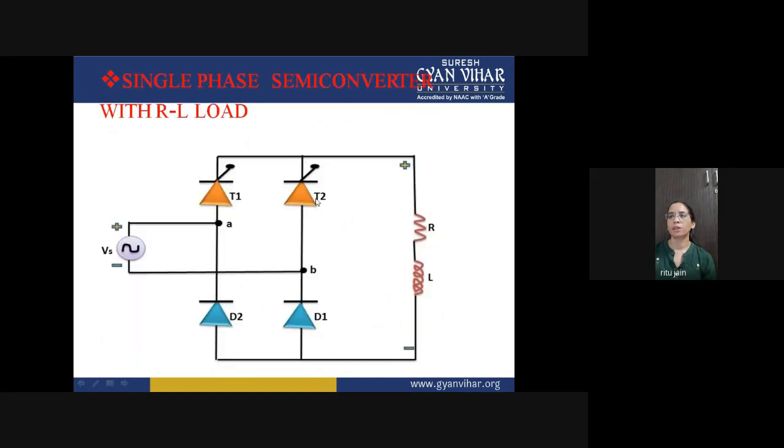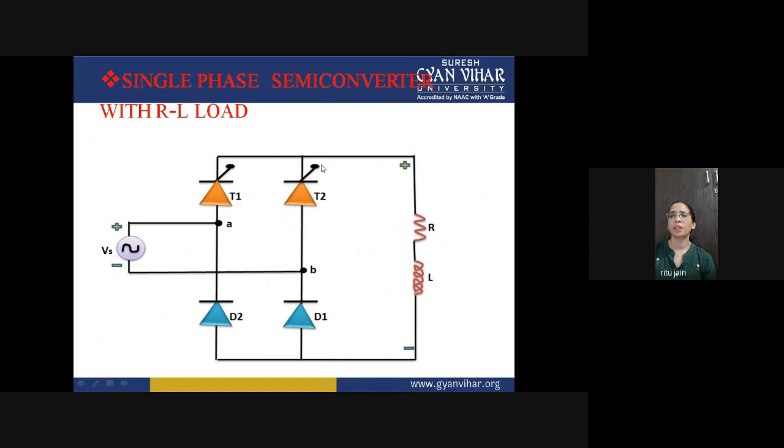For the negative half cycle, when you apply negative voltage over here, this terminal will be negative and this terminal will be positive. So T2 is in the forward blocking state and D2 is forward biased, because this terminal is negative for the second half wave, which is the negative waveform. So T2 and D2 are suitable for this conduction mode.